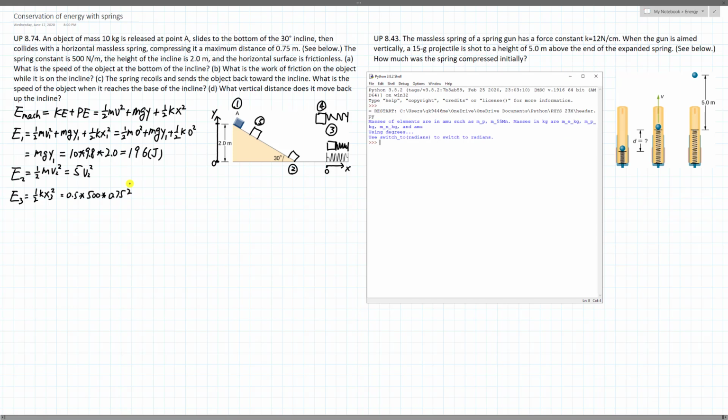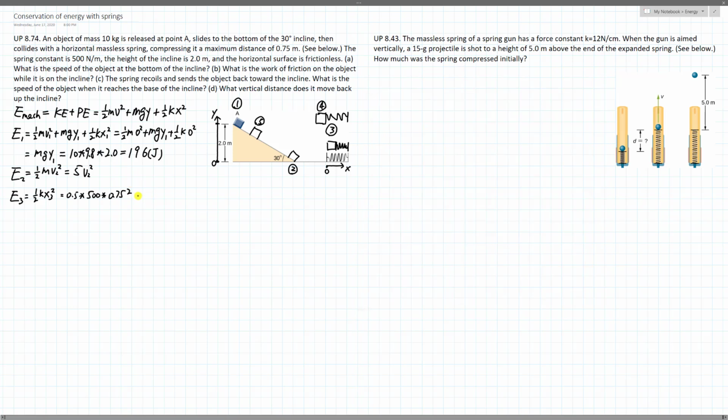Let's grab a keyboard. So we have 0.5, 500, 0.75 squared. So 141 joules. Apparently we have lost some energy here. Let's vanish the calculator.